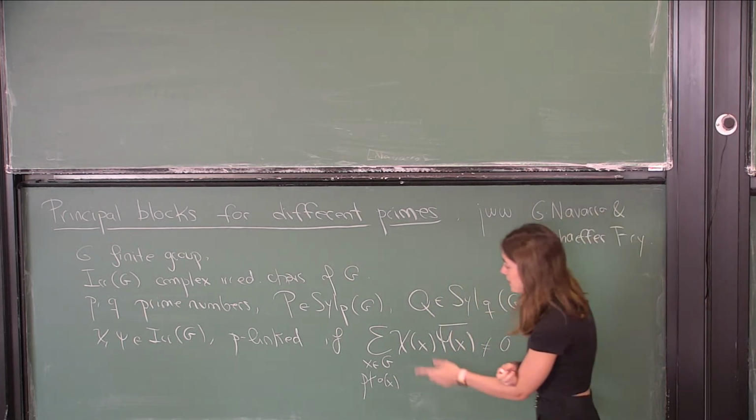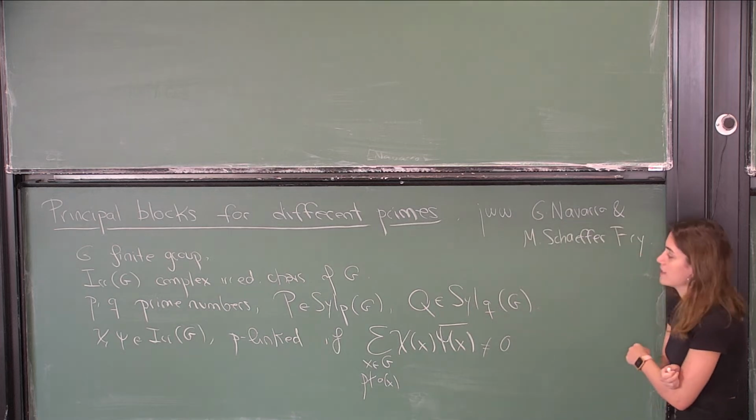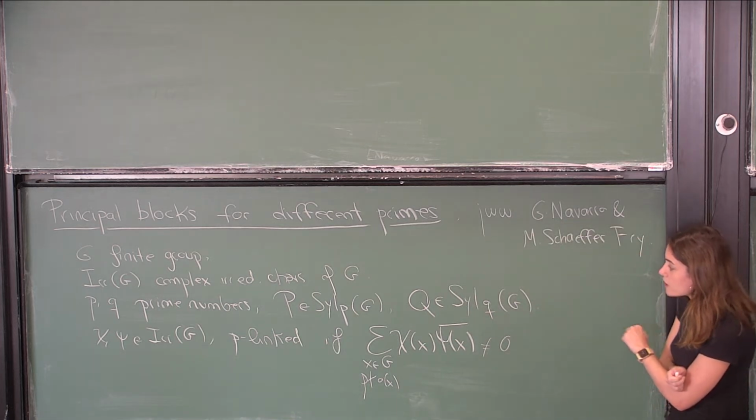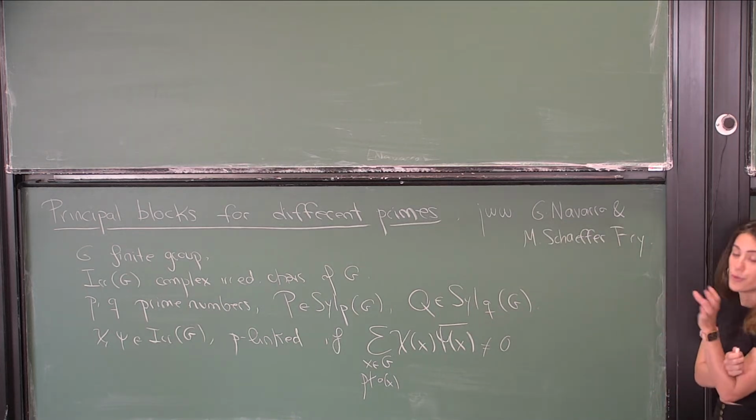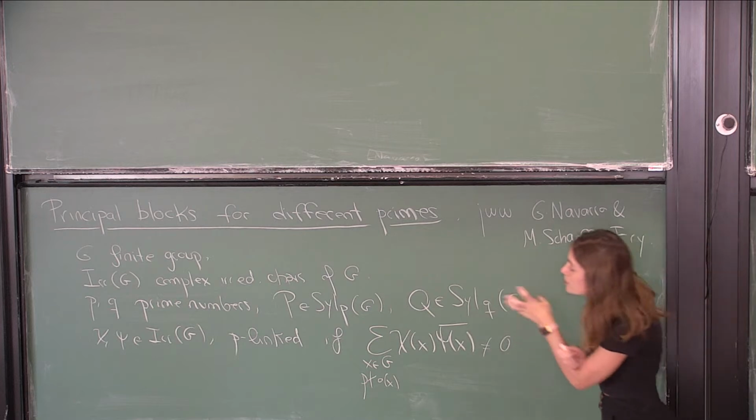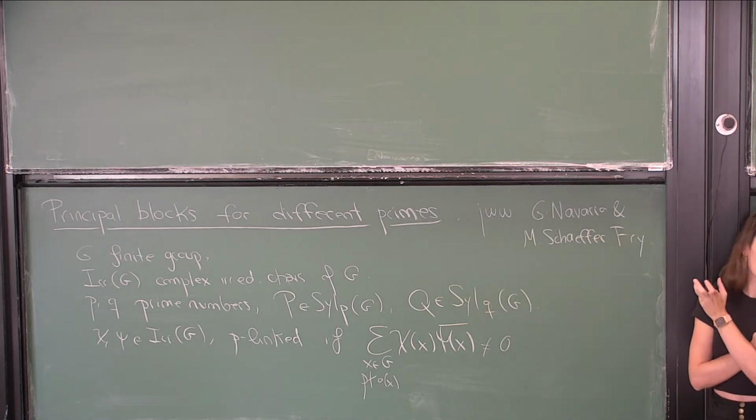This, as Mandy said, defines an equivalence relation on the set of irreducible characters of G, or a graph if you want to see it this way, and the connected components of this graph are the Brauer p-blocks.